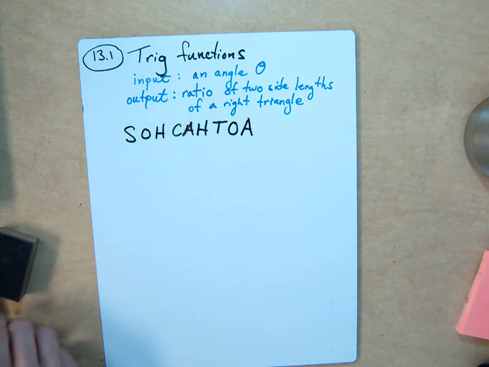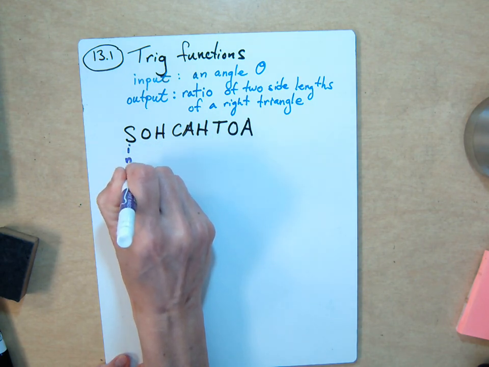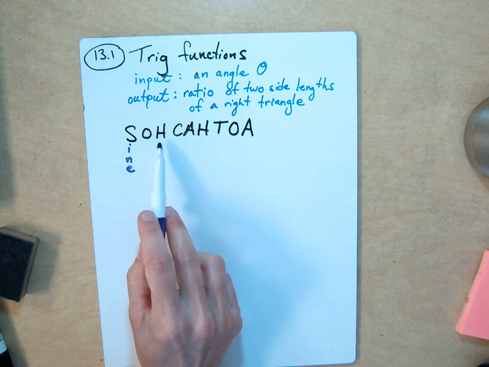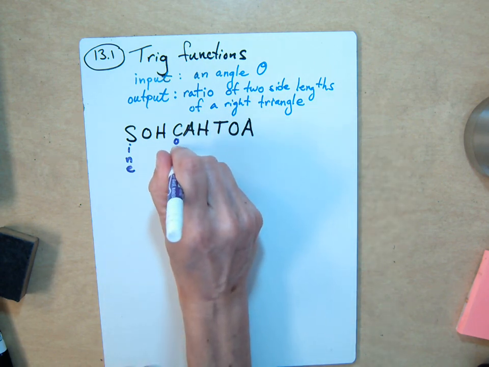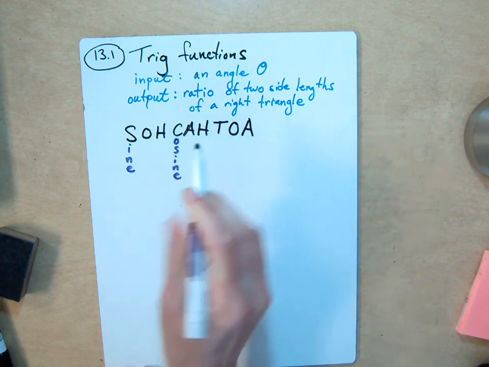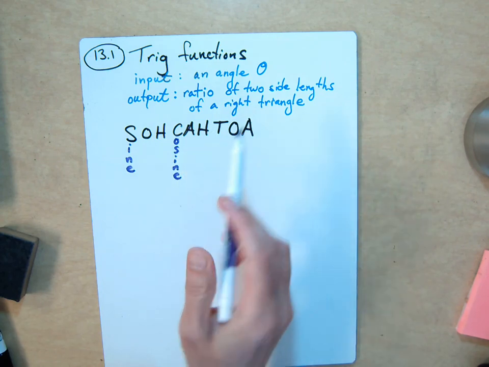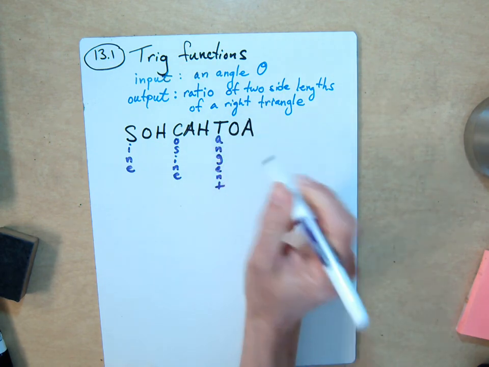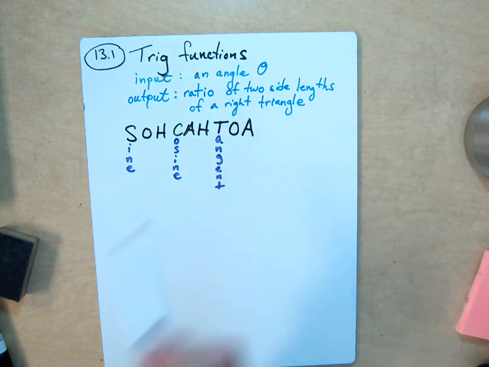That makes it easy to remember that when you take the sine of an angle, the two sides are the opposite side over the hypotenuse. When you take cosine of an angle, the two side lengths are adjacent side over hypotenuse. And when you take the tangent of an angle, the two side lengths are the opposite side over the adjacent.